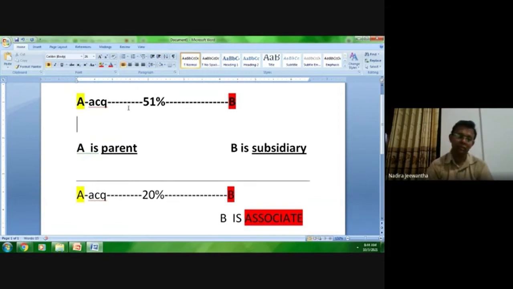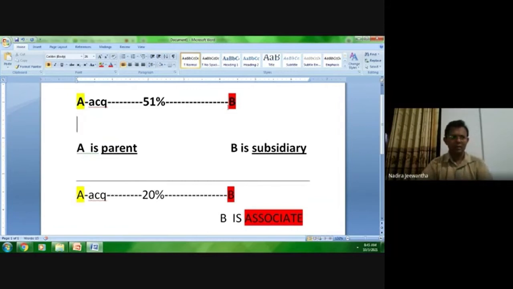A is the boss. But both companies are separate. Say company A is in manufacturing and company B is a hotel. Company A runs its own business, and company B does its own business, so both companies are going ahead.